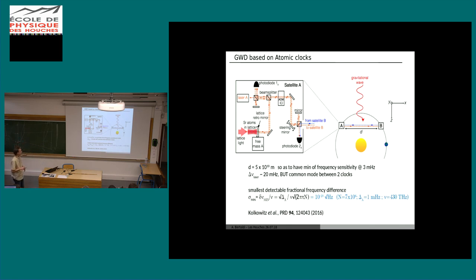So they consider a 5 10 to the 10 meter distance between the two satellites, comparable in some way to LISA, and this will give a maximum sensitivity at 3 millihertz. The line width of the laser is 20 millihertz, but it will not limit the measurement, as I just said, because that laser is used both on the atoms in B and on the atoms in A, and then is common mode rejected.